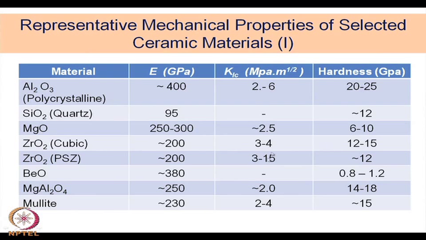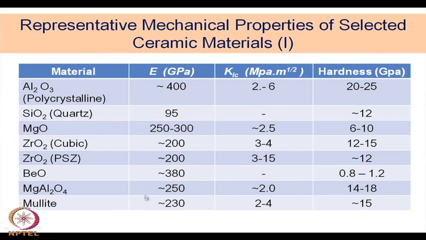Beryllium oxide, the fracture toughness is not there, but its hardness is low, it is a soft material, but Young's modulus is fairly high. Magnesium aluminate, spinel, which is also being used as a very important refractory these days, and there are many other engineering applications, and this is 250, the KIC value, that is the fracture toughness, is not so high, the hardness is more moderate.